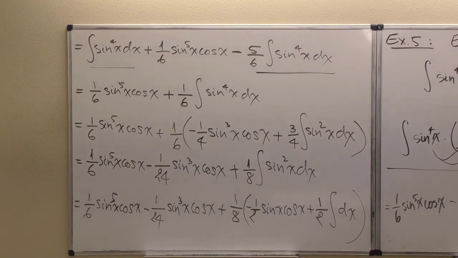Okay, and so now the very final answer is going to be 1/6 sine to the fifth of x cosine of x, all right, and minus 1 over 24 sine cube of x cosine of x, okay, minus 1/16 sine of x times cosine of x, and plus, and now that simply gives me x over 16, okay, plus C. And that's how we complete.